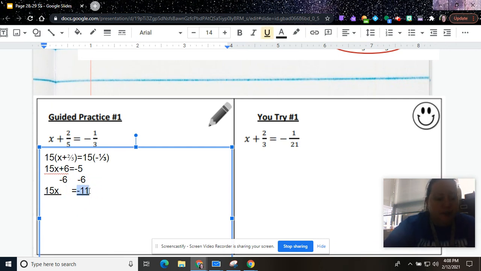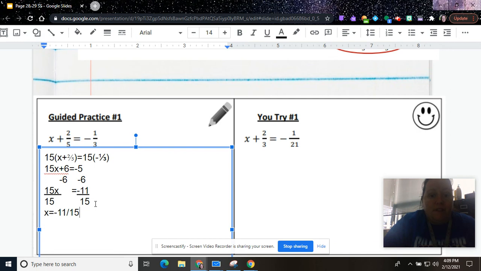Control U if you want to do the shortcut, or you can use the underline button up there. So we're dividing both of these by 15. 15 is the one that has the x, so that's what we have to divide both sides by. And we don't need the bottom number underlined, so Control U to get rid of that. And then you're left with x equals negative 11 over 15.